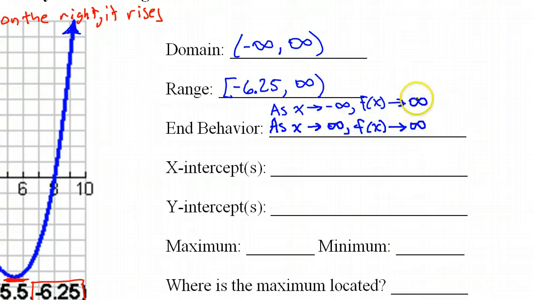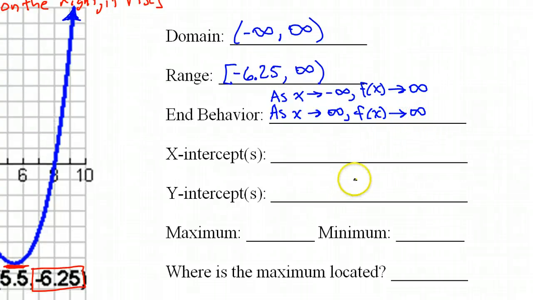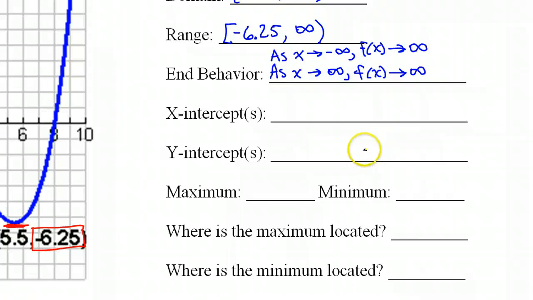On the left it rises, positive infinity. On the right it rises, positive infinity. That's how you do end behavior. In most cases that we're dealing with at this point, all of this is going to stay the same. It's just if it rises, it'll be positive infinity, and if it falls, you'll put a negative infinity.